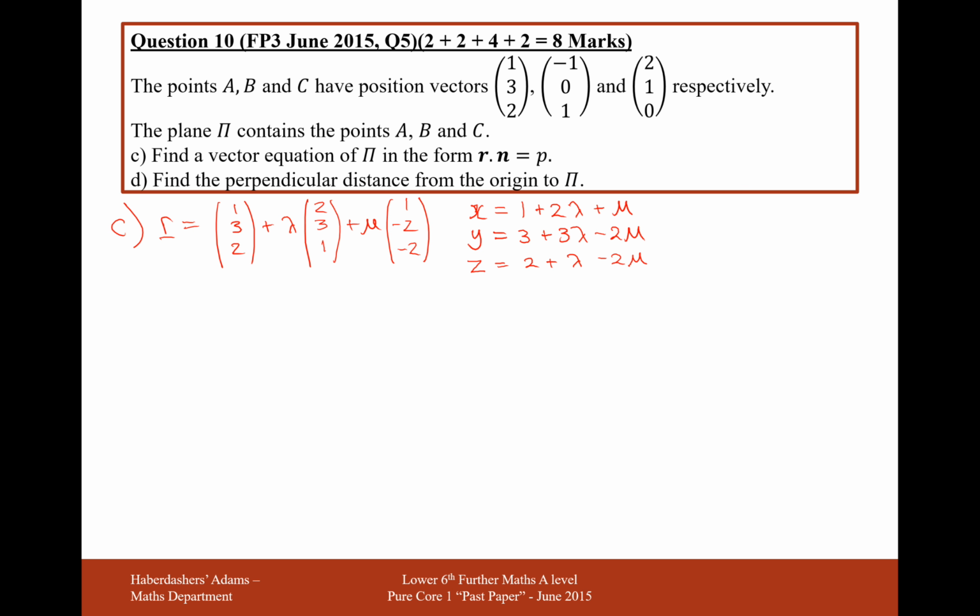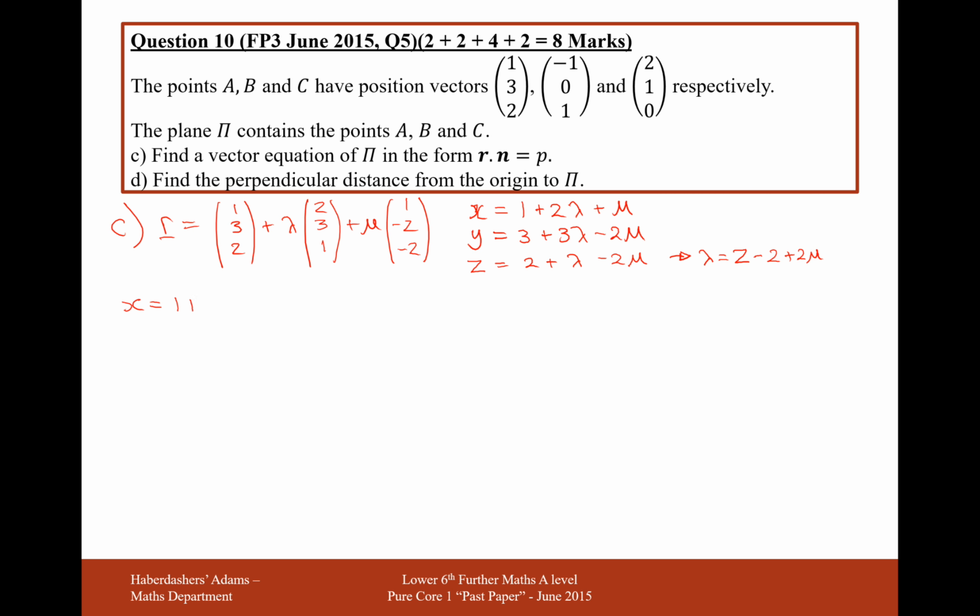Okay, now what we've got to do, we can't solve these simultaneous equations, but what we can do is eliminate mu and lambda to give us an equation just with x, y's and z's in. So first I will rearrange to make lambda the subject of the last one, so it's going to be z minus 2 plus 2 mu. Then I'm going to substitute this into both the x and the y equation.